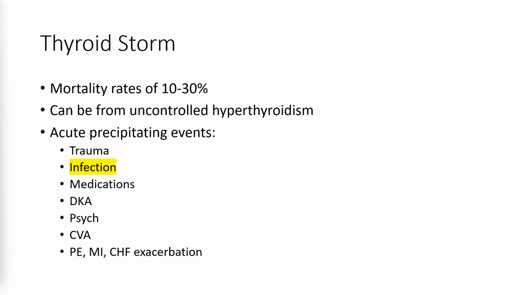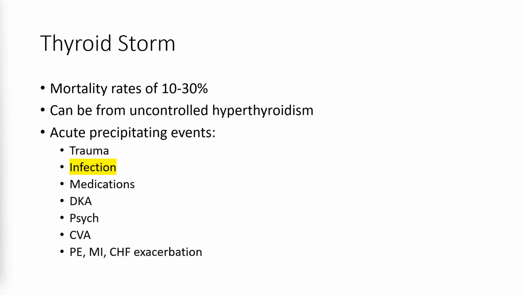Thyroid storm is the most extreme end of what can happen when a patient comes in with high thyroid levels. The mortality rate for thyroid storm is very, very high, about 10 to 30%. It is the most extreme condition of hyperthyroidism. Sometimes patients are hyperthyroid, they're not taking their medications, and it becomes very, very elevated.